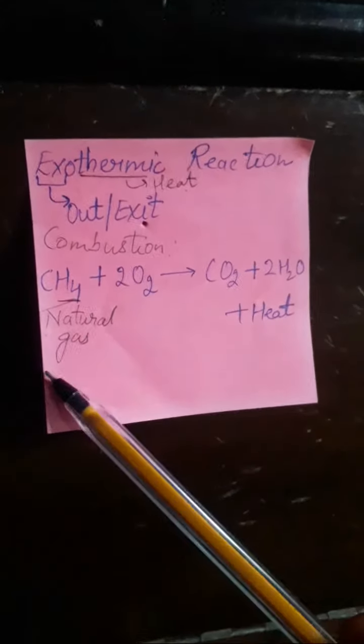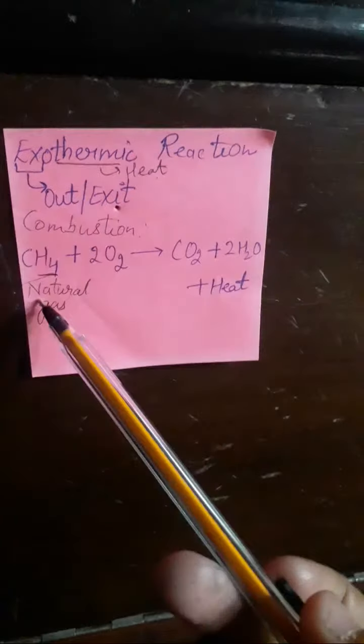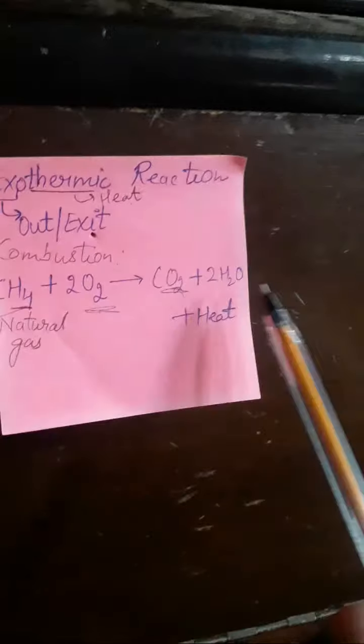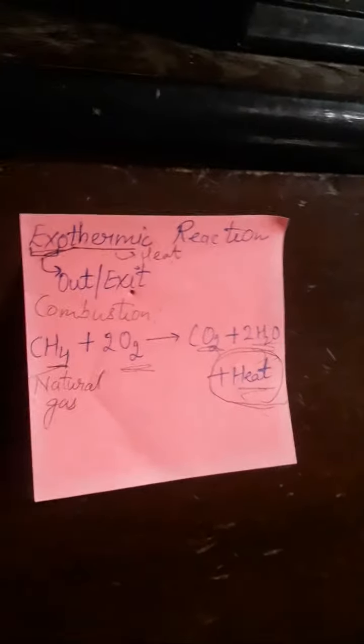CH4 is natural gas, and when natural gas comes in contact with oxygen, it produces carbon dioxide, water, and some heat. Now the heat is on the product side, so heat is produced. So this is an exothermic reaction. I hope you are clear about endothermic and exothermic reactions.